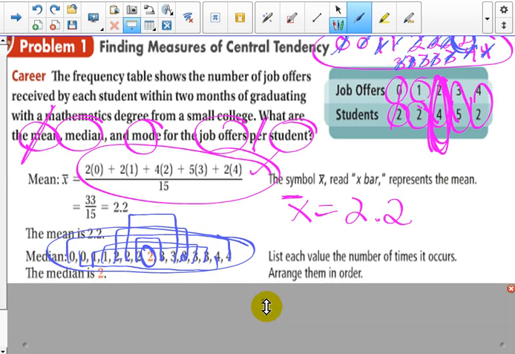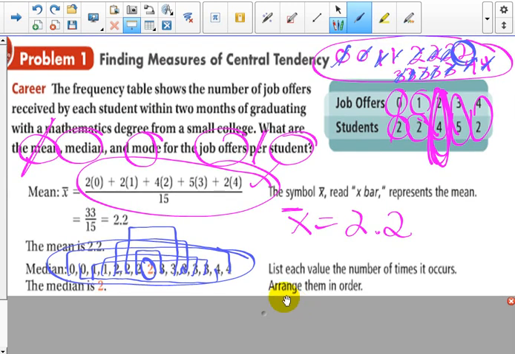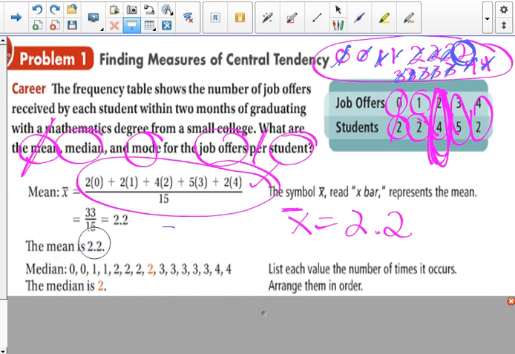Okay, so now we need to look at what's the mode. What occurred most frequently? What did we have the most of? So let me erase all this and let's look at it. So I'm going to circle, okay, we had 2 zeros, 2 1s, 4 2s. Okay, so then those are out because now we have 4 of something. 1, 2, 3, 4, 5 3s. So now that's the highest occurring number, and 2 4s.